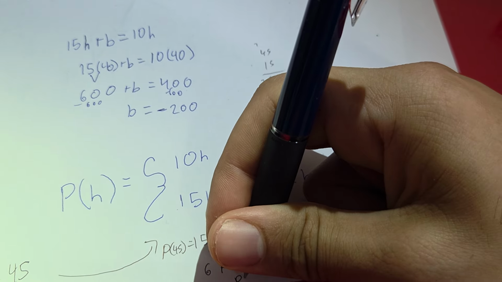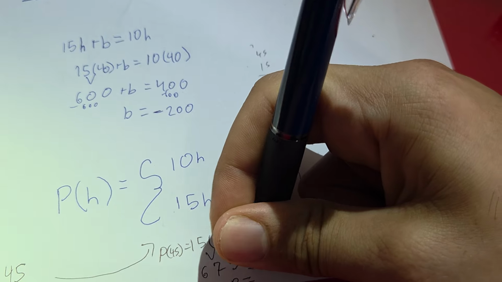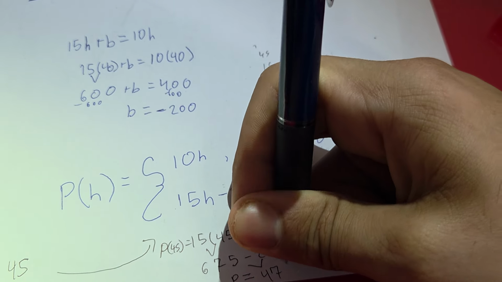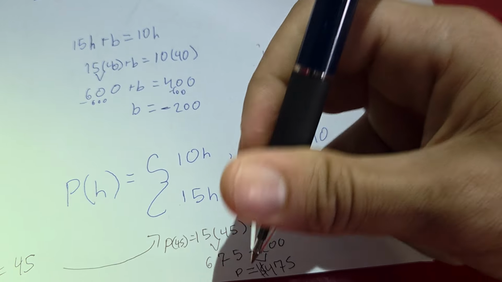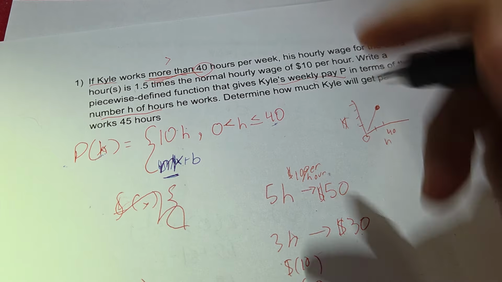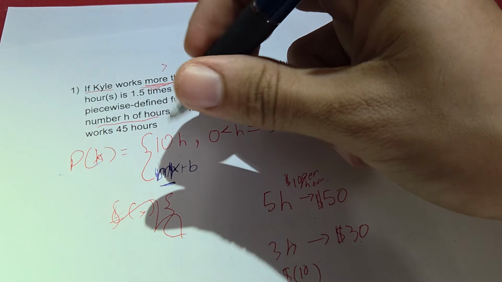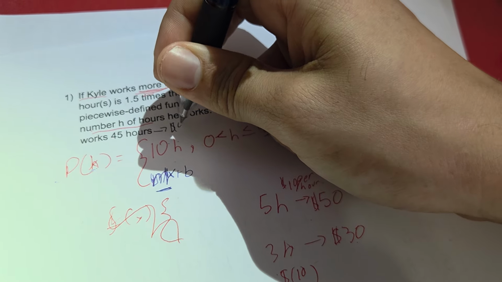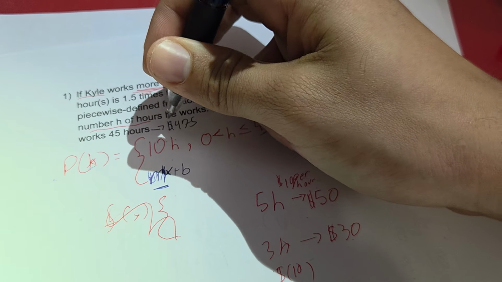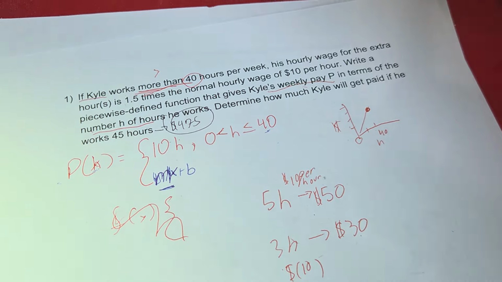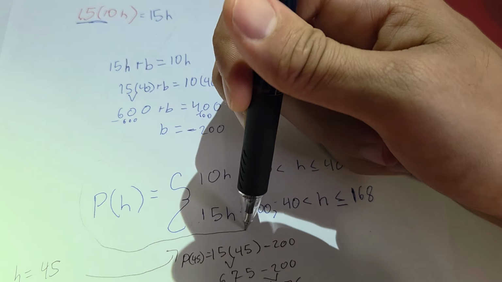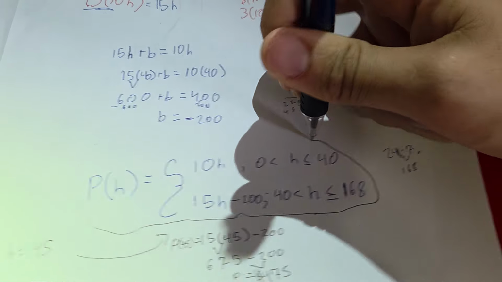He ends up getting paid 6 minus 2 is $475. So you can say when Kyle works 45 hours, he ends up getting $475. So that's your answer to the second part. And this equation right here, this whole thing, is your answer to the first part.